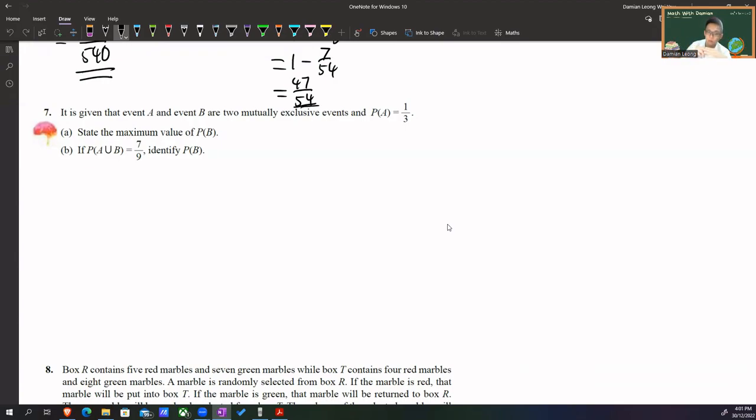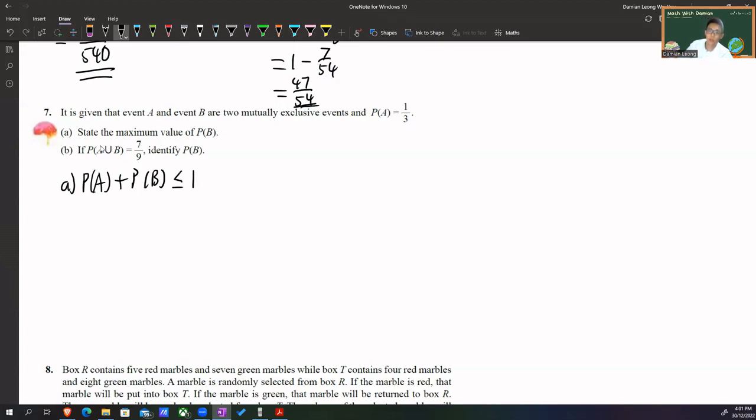Maximum value is actually very, very simple. Basically, probability of event A plus probability of event B cannot be more than 1. Must be less or equals to 1.